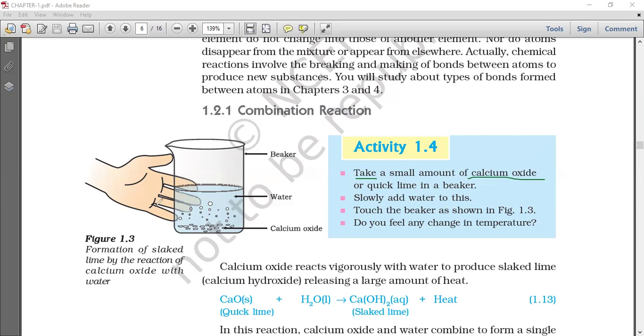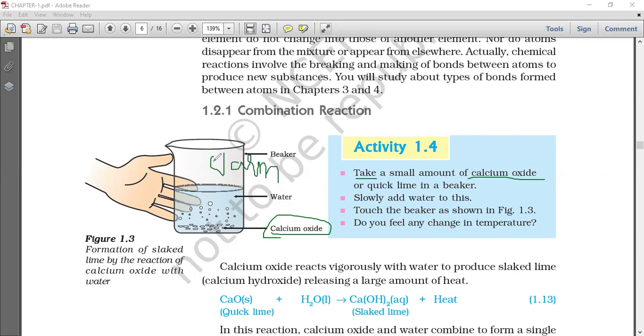Take calcium oxide powder in a beaker and slowly add water to this. What happens when we add water? Touch the beaker. If you do this activity, you will feel it warm.